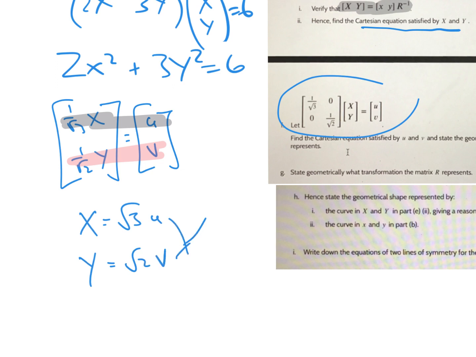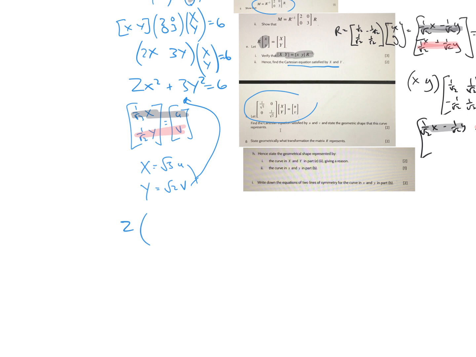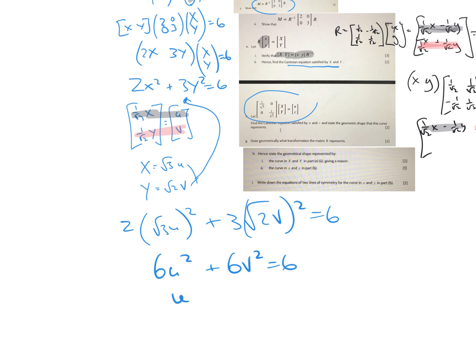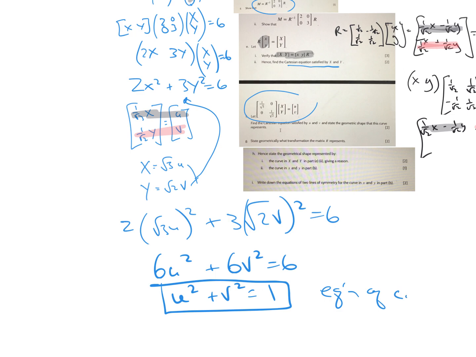And then I'm going to plug both of these into here. So I get 2 times root 3U squared plus 3 times root 2V squared equal to 6, which then is 6U squared plus 6V squared is equal to 6, or U squared plus V squared is equal to 1. This here is an equation of a circle with a radius of 1.